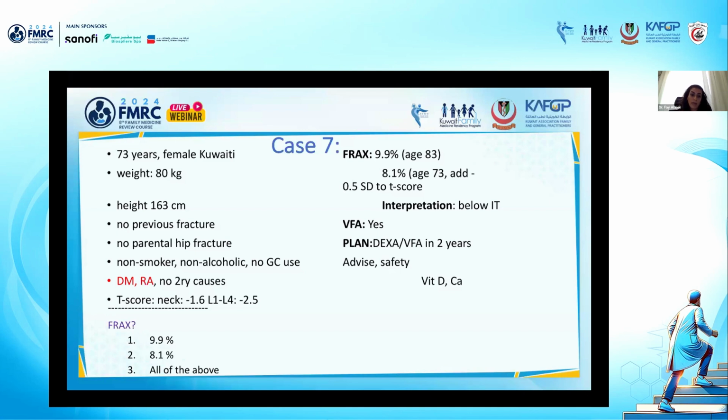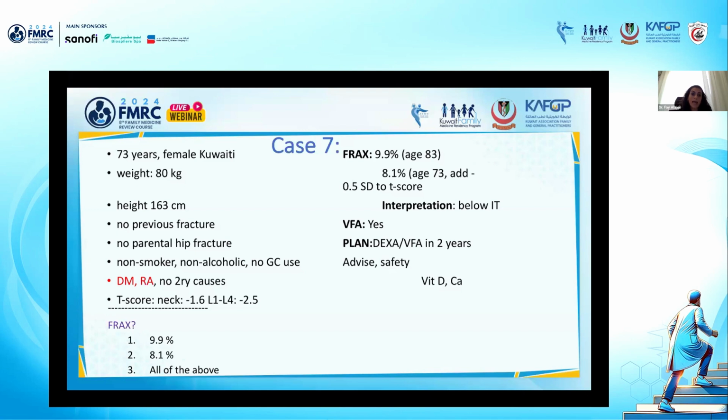So in this case, the patient already has rheumatoid arthritis. So of course, you're going to tick yes to the question asking if the patient has rheumatoid arthritis. So what do we do with the diabetes? How do we add that risk? We add it by either adding to the age or by adding negative 0.5 to the T-score of the femoral neck.